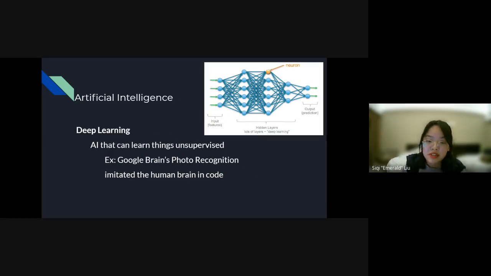The second significant technology is deep learning. The definition of deep learning is a branch of AI that could learn unsupervised. So in the example of Google's photo recognition technology, the team imitated the nerve cells in a human brain by creating a complex network in code, looking like this.